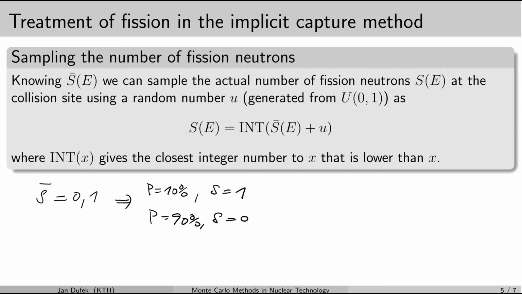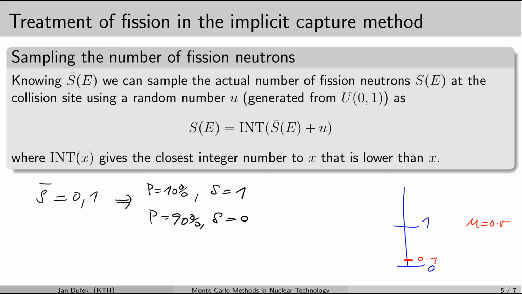So let's take the example that we have here. The expected number is 0.1, so I will draw it like this, 0, 1. So our expected number is here, 0.1. Then we generate randomly the random number from the interval 0, 1. So let's say that I generate number 0.5.